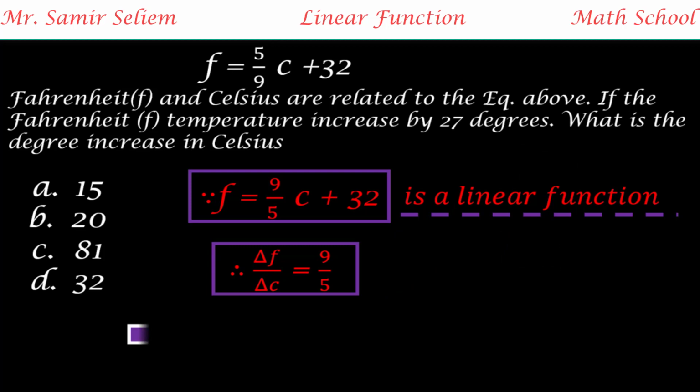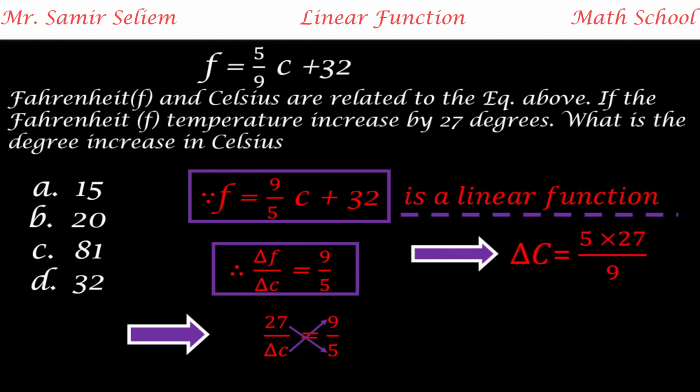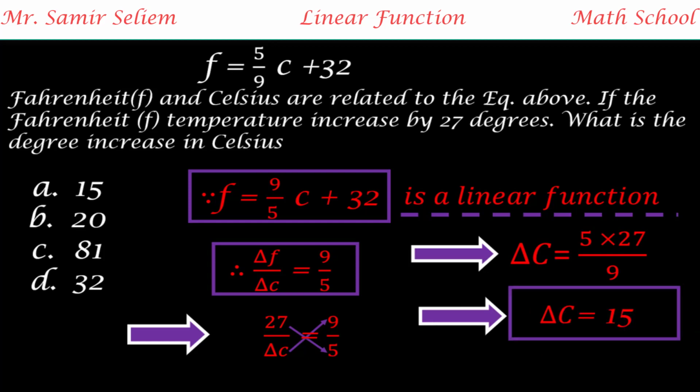And the question says delta F equals 27. So substitute: 27 over delta C equals 9 over 5. By cross products, delta C is 5 times 27 over 9. We simplify and get delta C equals 15. The answer option is A, 15.